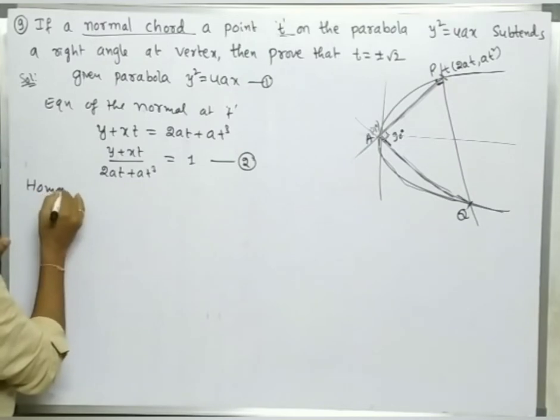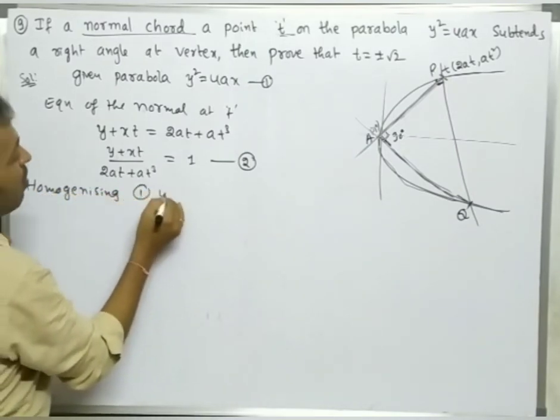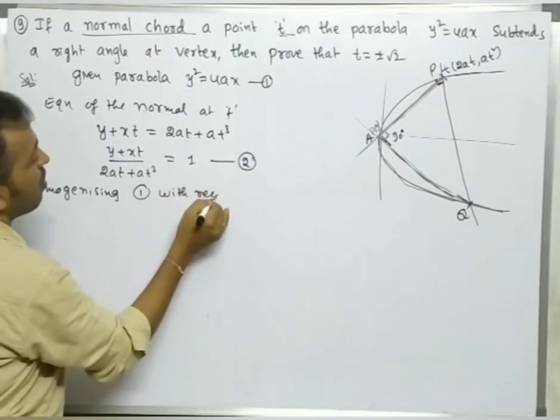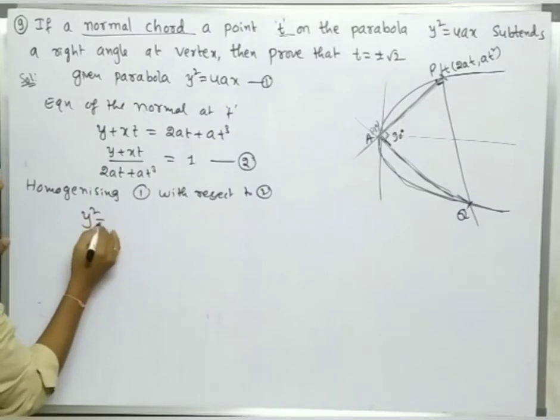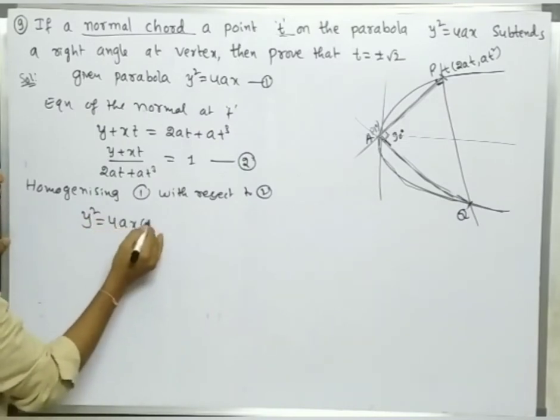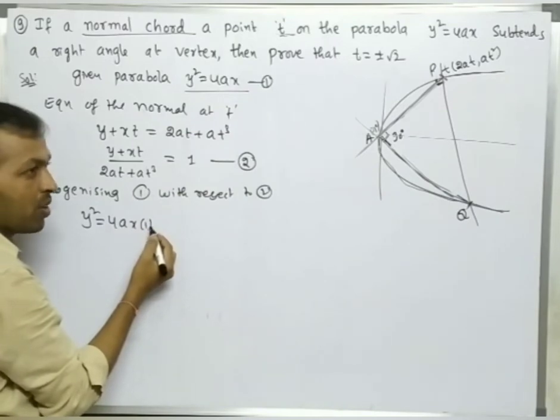So homogenizing equation 1 with respect to equation 2. Then y square is equal to 4ax into 1. Multiply this equation with 1. That is the concept of homogenization.